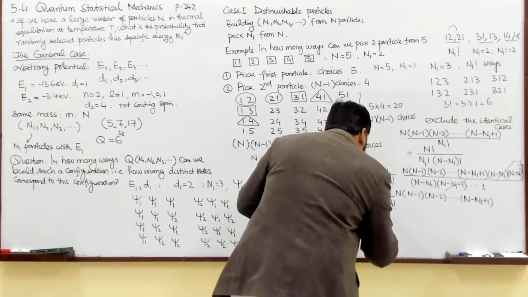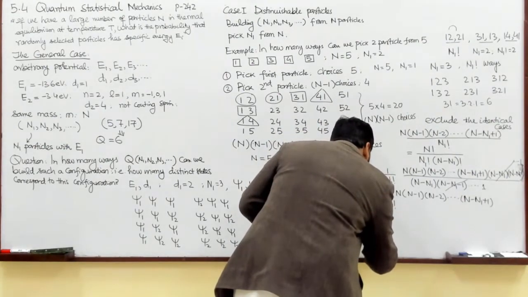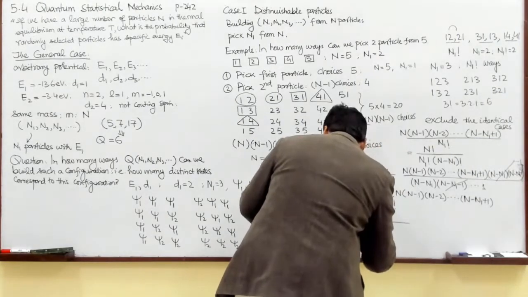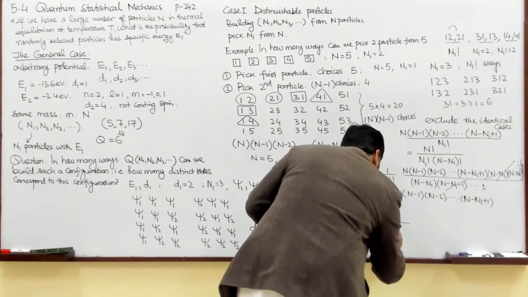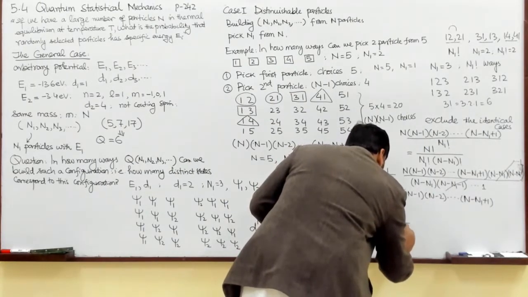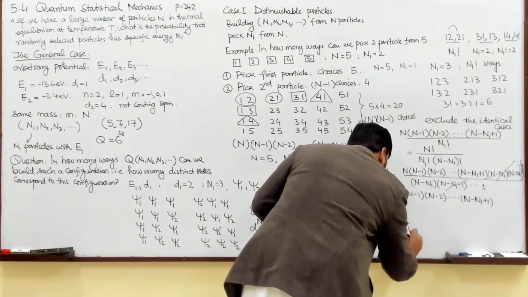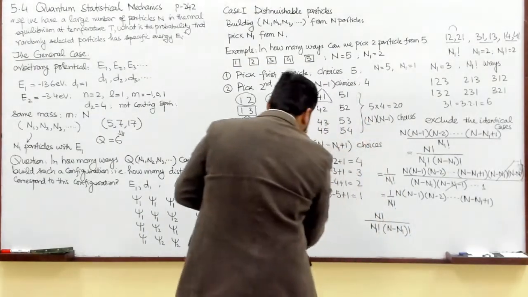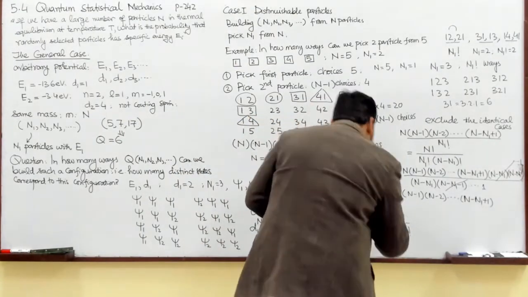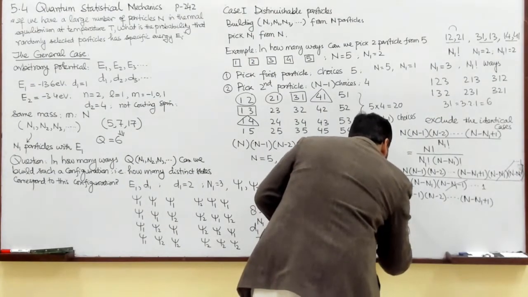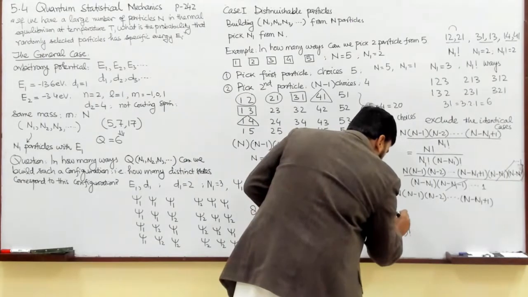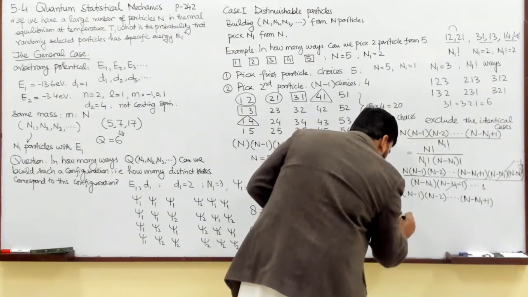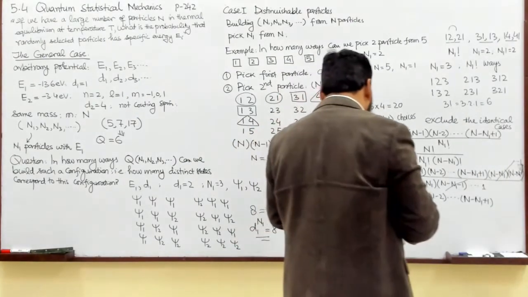So the total number of choices are then n factorial divided by n1 factorial n minus n1 whole factorial, and this will come along with it, which will be, as I'm writing n1 here, so this will be d1 to the power n1 here.